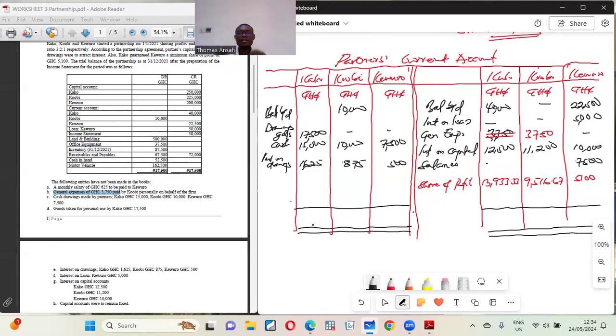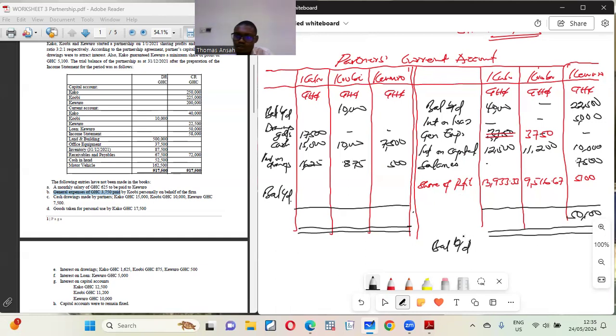Now, what do we have in here? So it means our balance carried down will be here, and therefore we have our balance brought down here. So let's combine this side. We start here, 22,500 plus 5,000 plus 10,000 plus 7,500 plus 5,100.